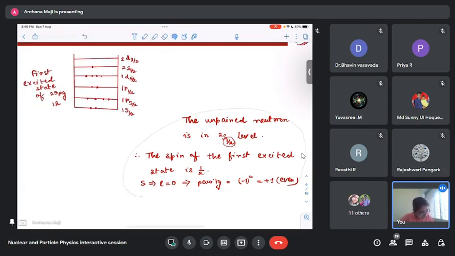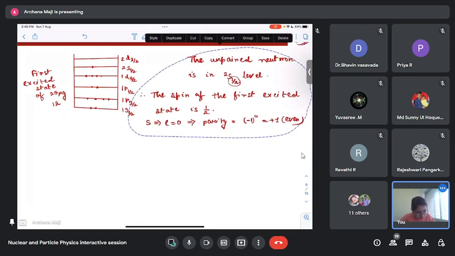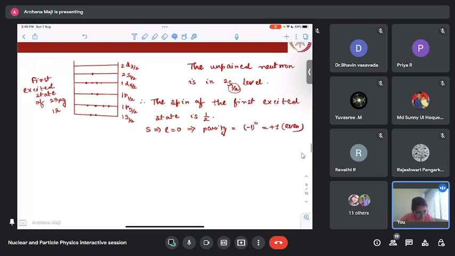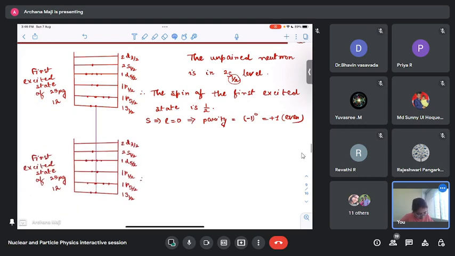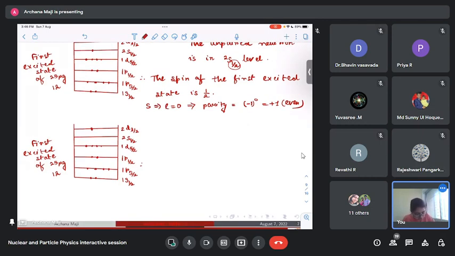Likewise for the second excited state, instead of taking the unpaired neutron from 1d 5 half to 2s half, now we need to take this unpaired neutron to 2d 3 half to get the second excited state of magnesium.